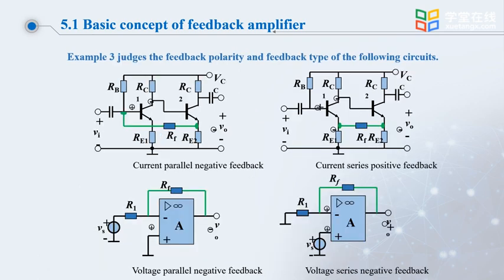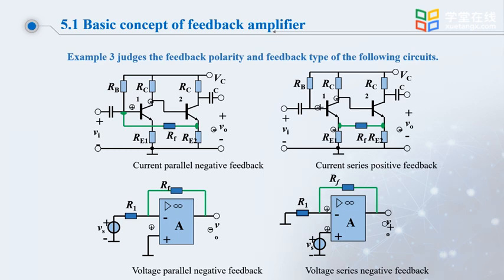Okay, let's practice with another question. Let's say RF is a feedback element. I identified RF as the feedback element. Judge its type of feedback. First, on the input side, it is a parallel feedback. On the output side, no complete output voltage signal was extracted, so it's a current feedback.